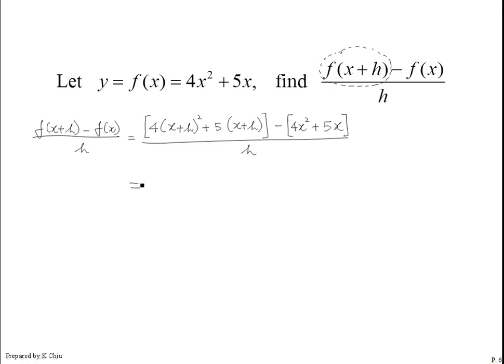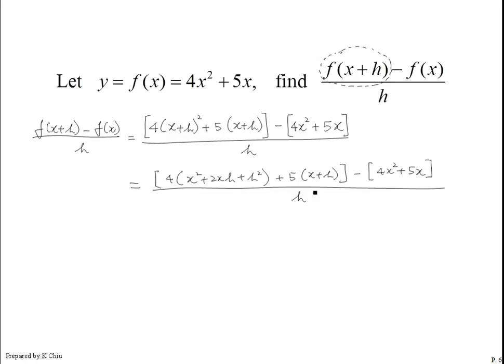Afterward, we simplify that. Again, the simplification sometimes is the challenge for some of the students. If you find out that you don't feel comfortable, then work on that and find out where the problem is. Master this, and you will feel good whenever you see function problems like this.